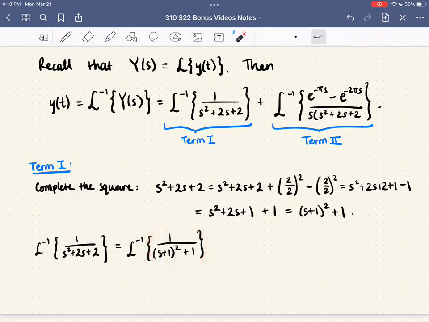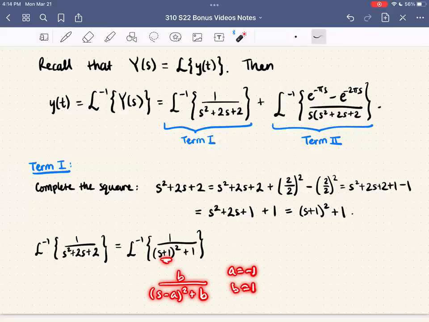This expression does look like something in our Laplace transform table: b over s minus a squared plus b. In this case, a is -1, because I have the plus 1 here, and b is 1.